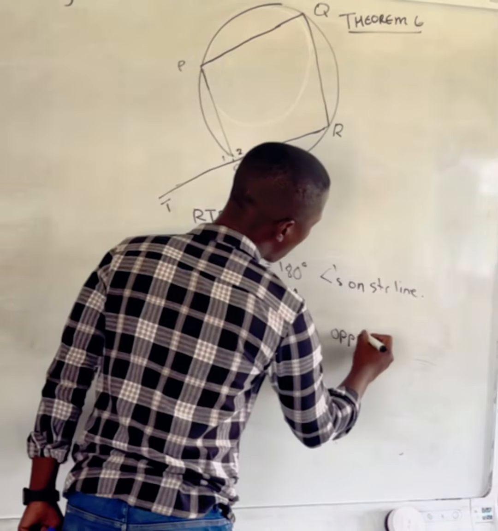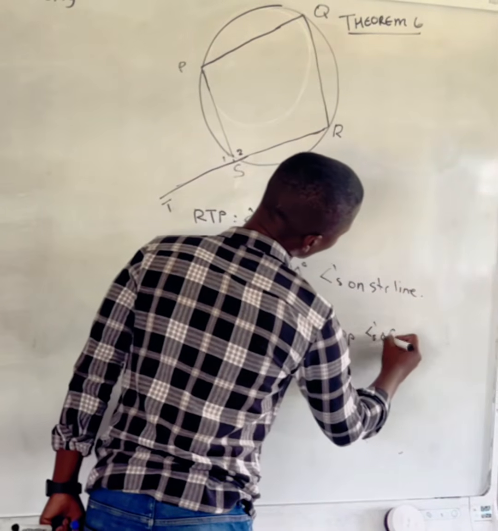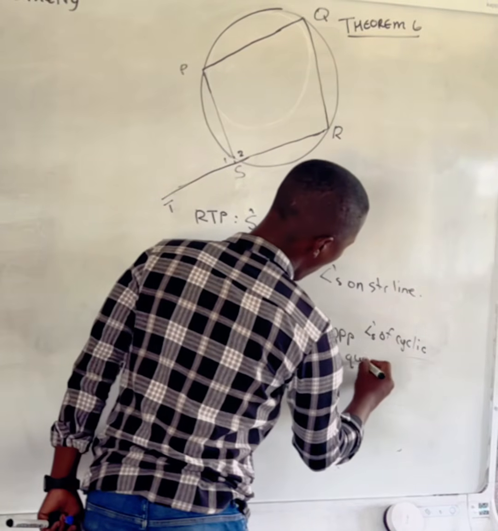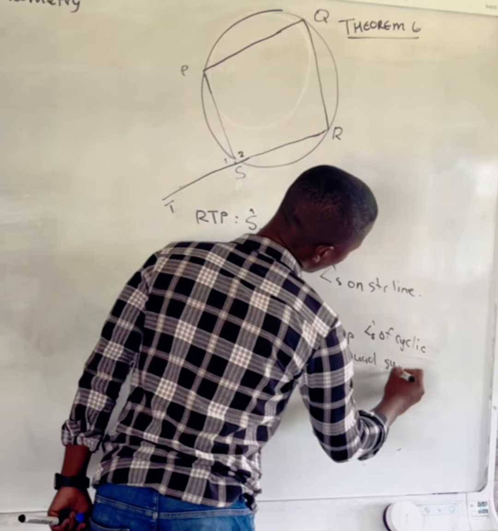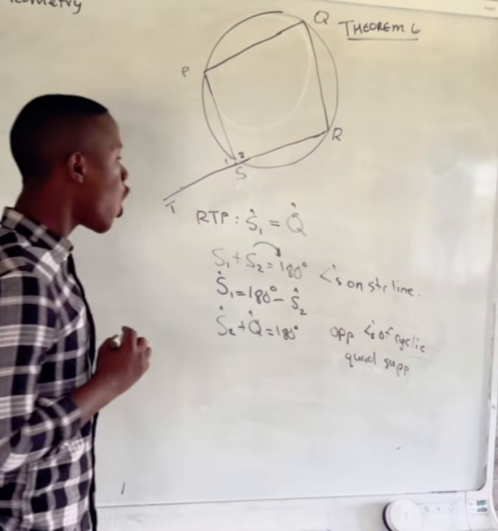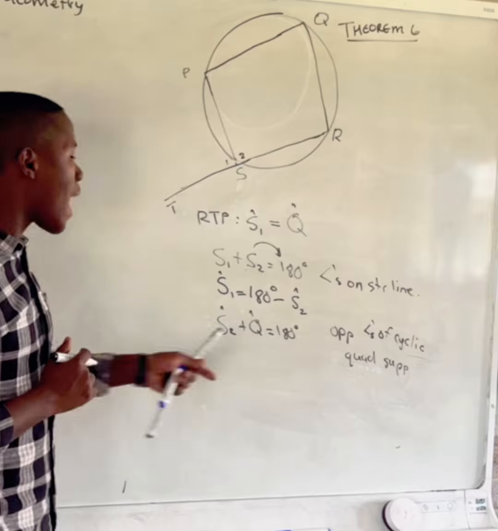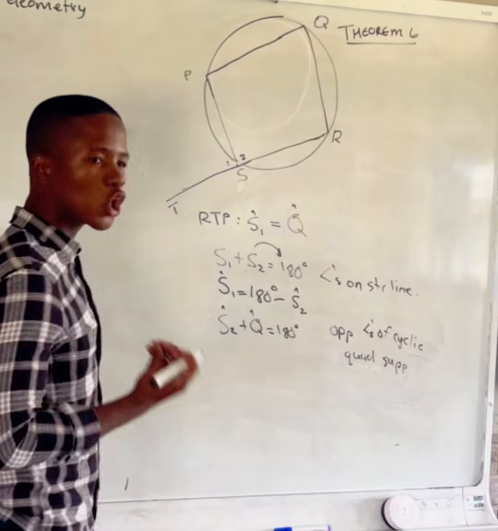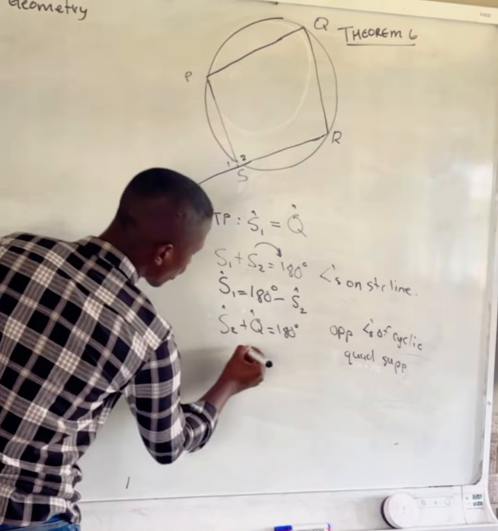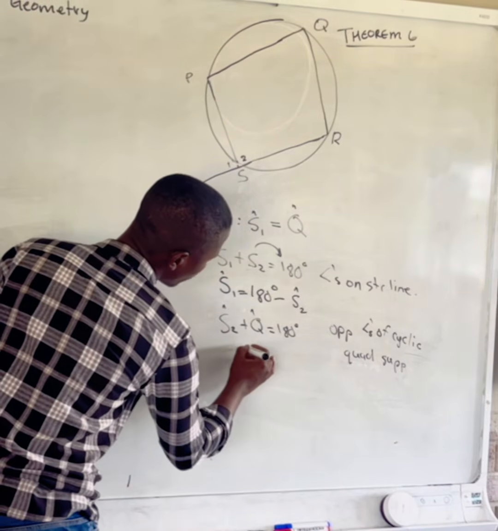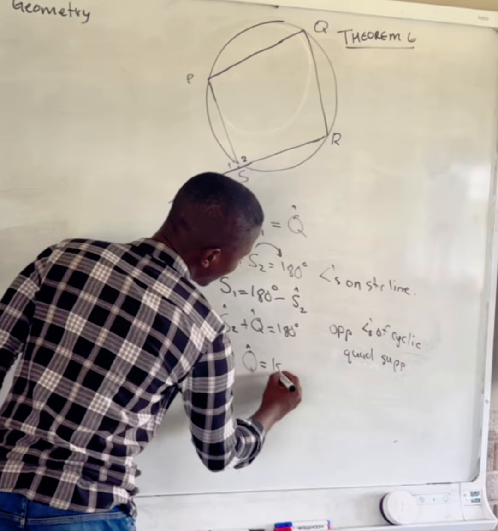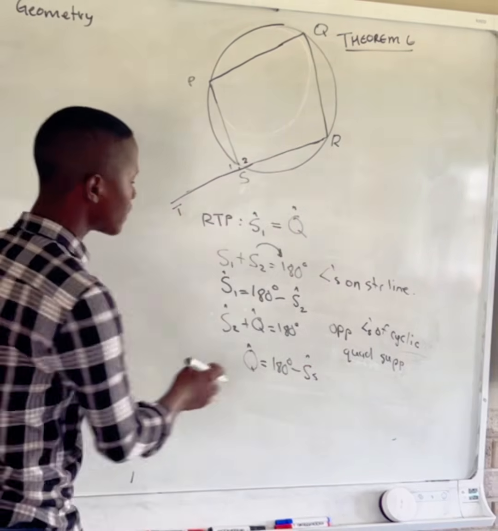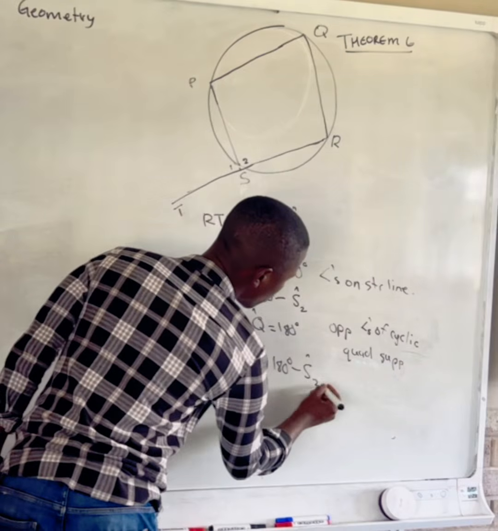So this is going to be: opposite angles of a cyclic quad are supplementary. So therefore, if you want to make Q the subject of the formula, your Q is going to be equal to 180 degrees subtract your angle S2.